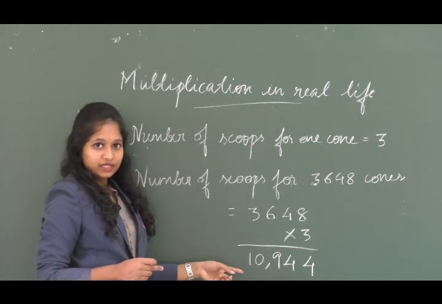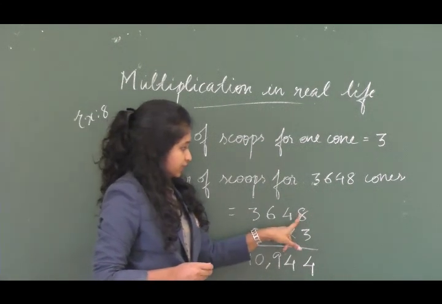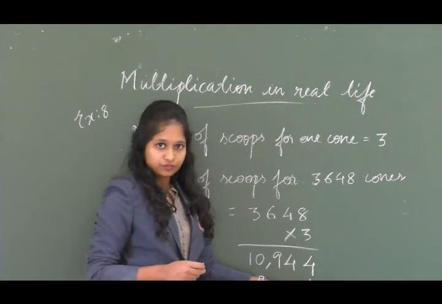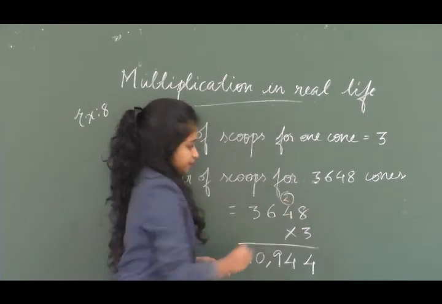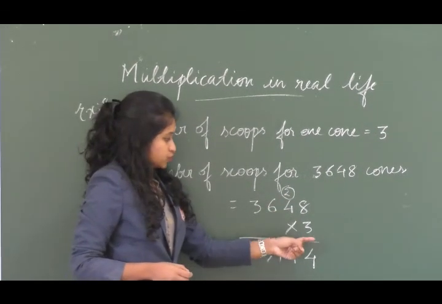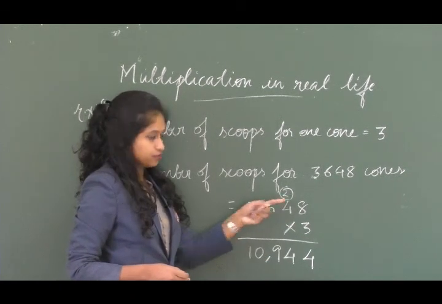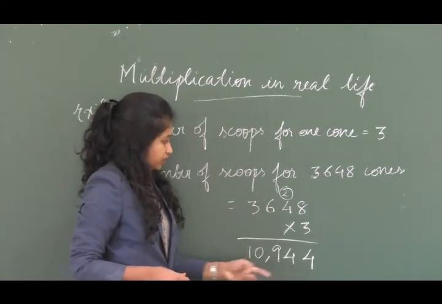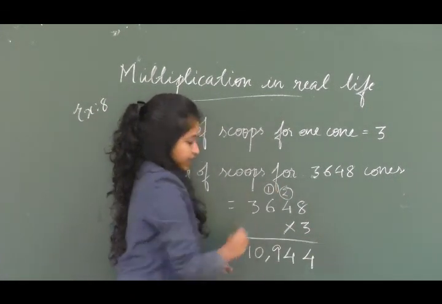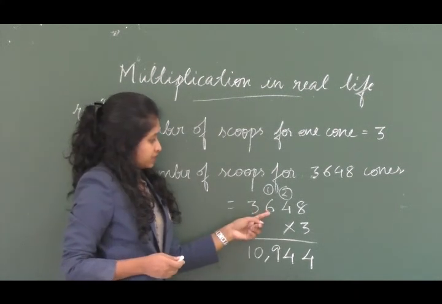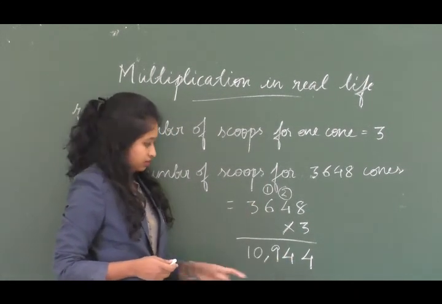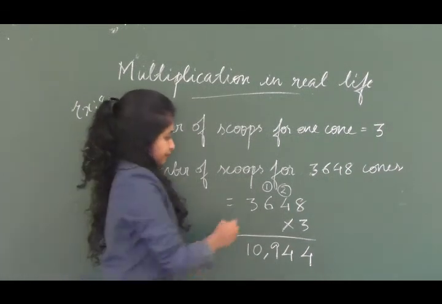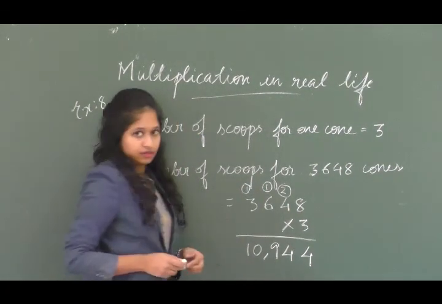When you multiply, we get 8 3s are 24. Write 4 here, 2 as carry. 4 3s are 12. 12 plus 2 is 14. Write 4 here and 1 as carry. 6 3s are 18. 18 plus 1 is 19. Write 9 here and 1 as carry.